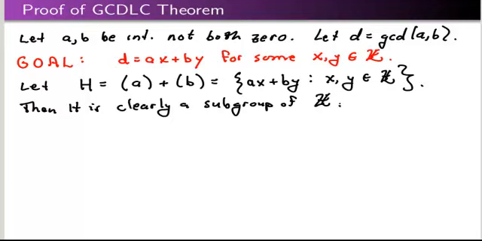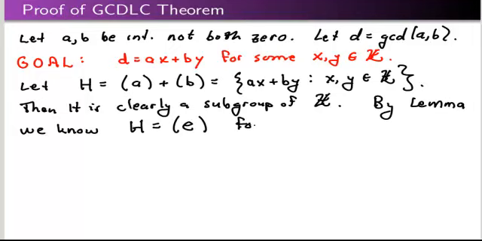And so by the preceding lemma, it is a cyclic group generated by some element D. We know H equals, well, I've already called D the GCD, so let's call it E, for some positive integer.